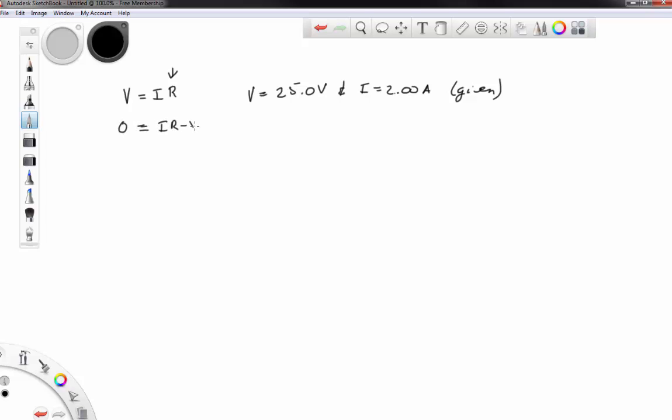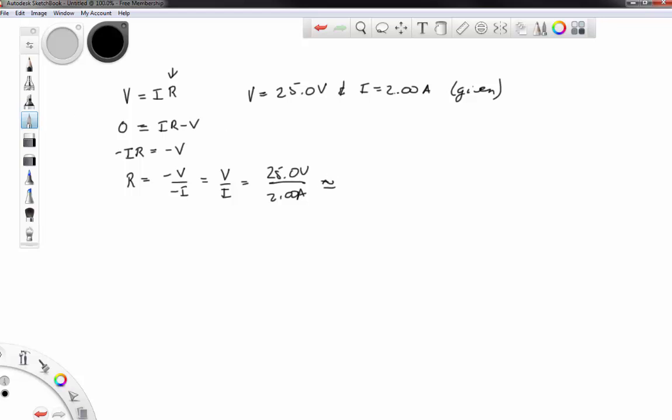So we have IR minus V is 0. We should subtract the IR term from both sides. So that's minus IR is equal to minus V. Therefore, the resistance is negative V over negative I, which is the same thing as V over I. So that is going to be 25.0 volts divided by 2.00 amps.